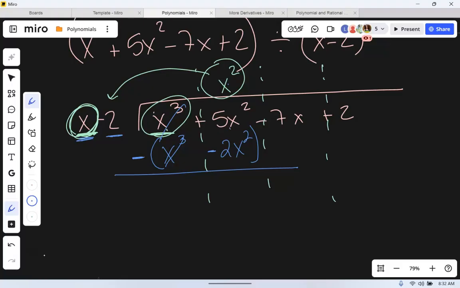How about 5x squared minus negative 2x squared? 7x squared, right? Be very careful because your signs are changing, and it's every sign in here. You can put it in parentheses like this, but remember I am subtracting. All right, everybody okay?